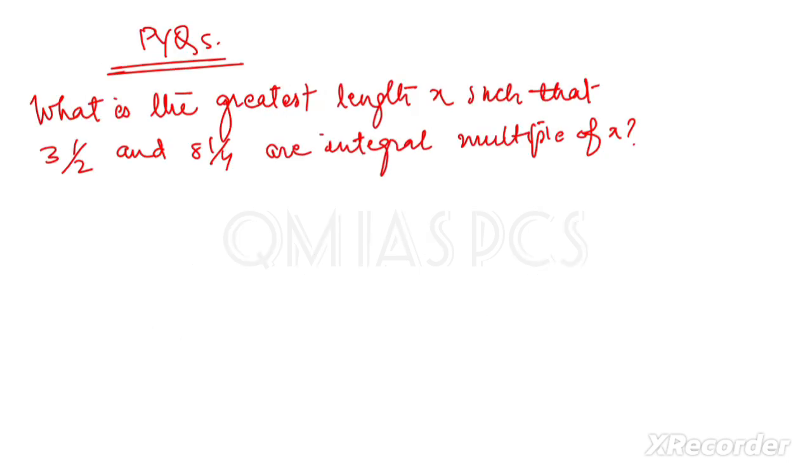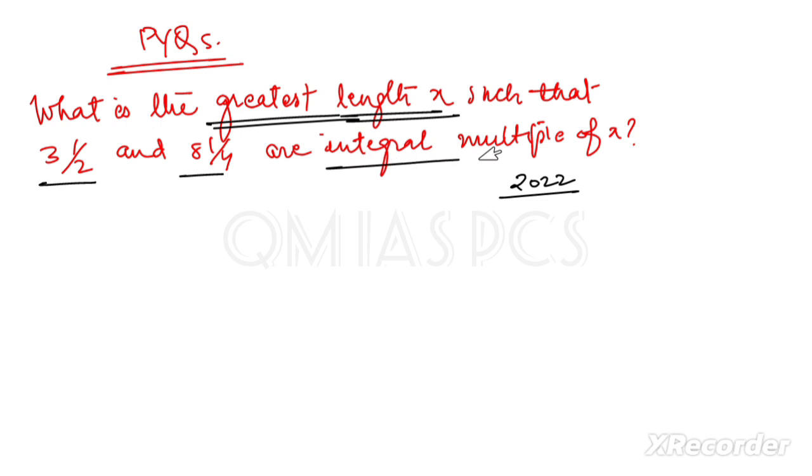Okay, there was a question in 2022. This was a question from 2022 UPSC: what is the greatest length x? See, while reading the question we should underline or circle the important things. It is asked the greatest length x such that 3 whole 1 by 2 and 8 whole 1 by 4 are integral multiples.